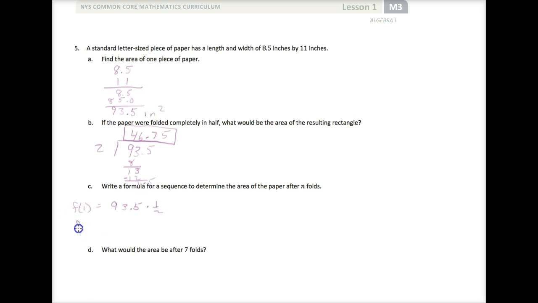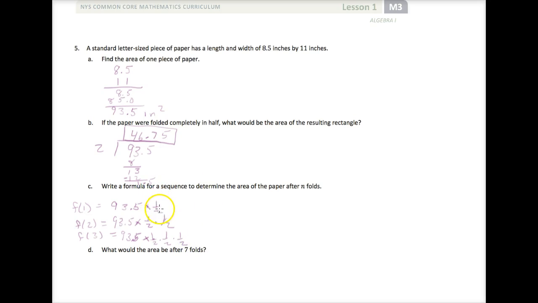If we wanted to know f of 2, we'd have to multiply 93.5 times that 1/2 times half again. And I hope you see where this is going. F of 3 would be 93.5 times 1/2 times 1/2 times 1/2.